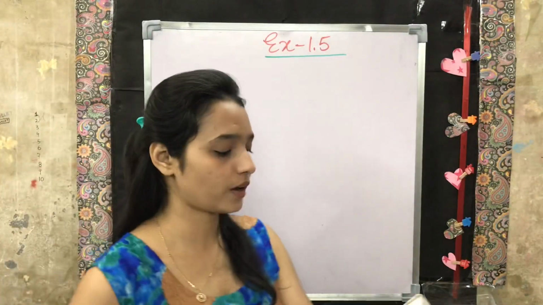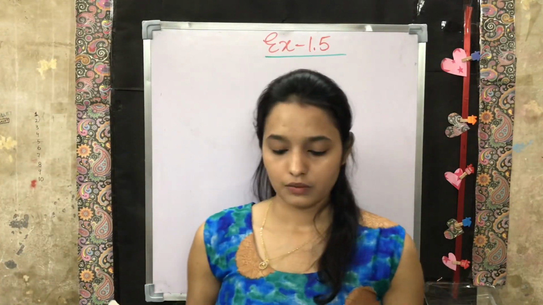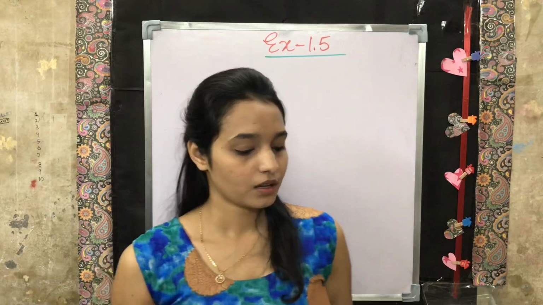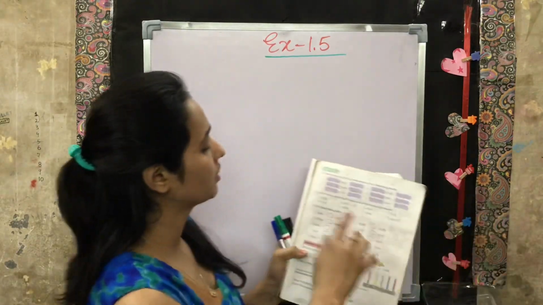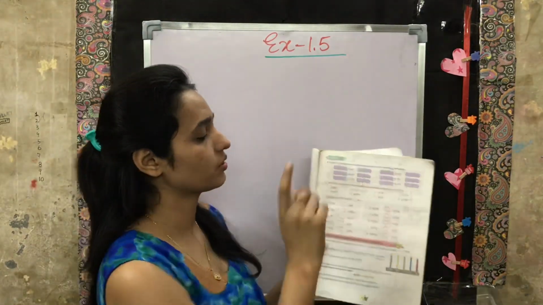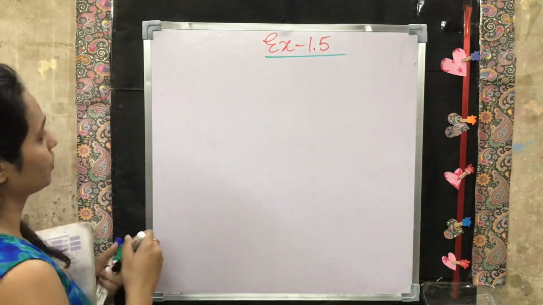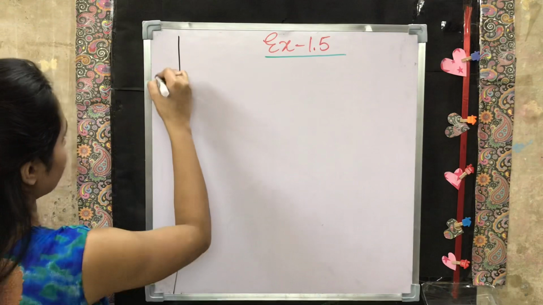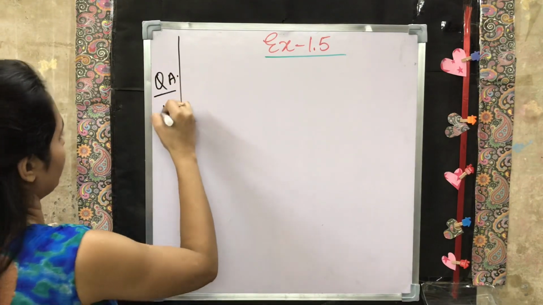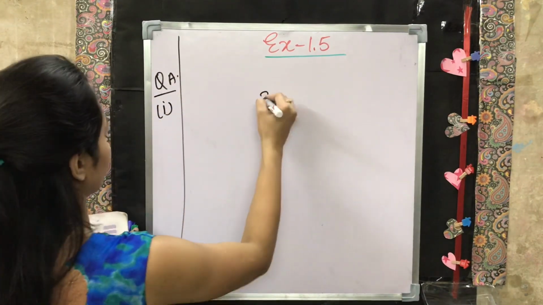In exercise 1.5 we have 3 questions, and the very first question is: write the successor and predecessor of the following numbers. So what numbers do we have? Now we have 3, 4.